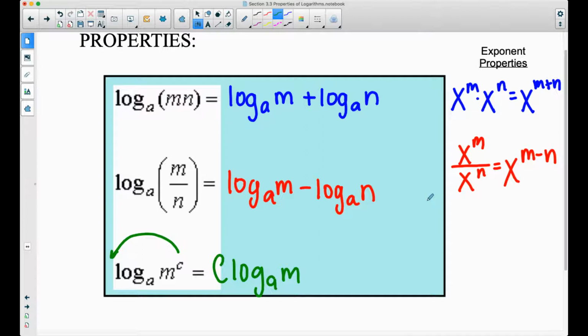Going right to left, that's condensing. We'll use properties both ways.